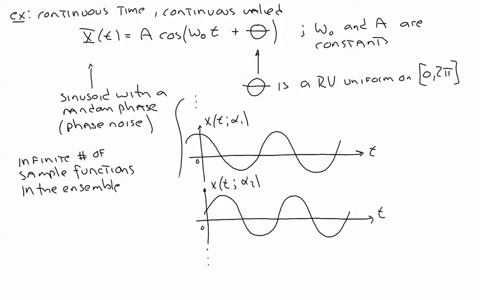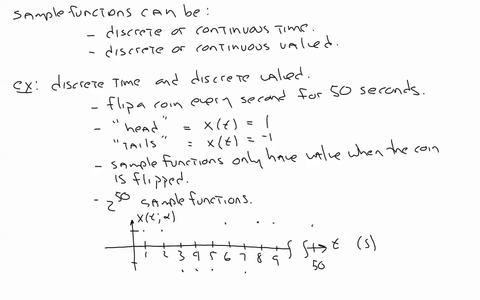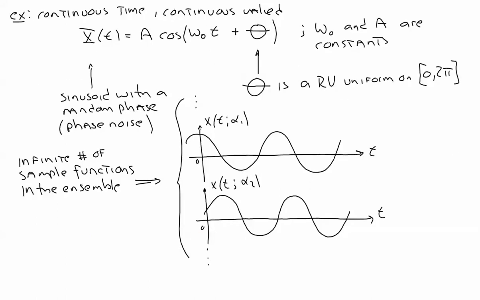All right, and remember, the collection of all possible sample functions is my ensemble. In the previous example back over here, I had a finite number, it was large. 2 to the 50th is a big number, but it's finite. I had a finite number of sample functions, and I had discrete value and discrete time. For this particular random process, I have an infinite number of sample functions, and my sample functions are both continuous in time and continuously valued.